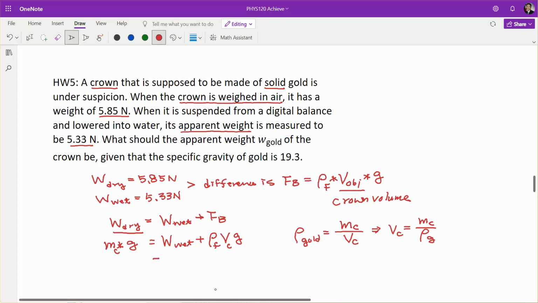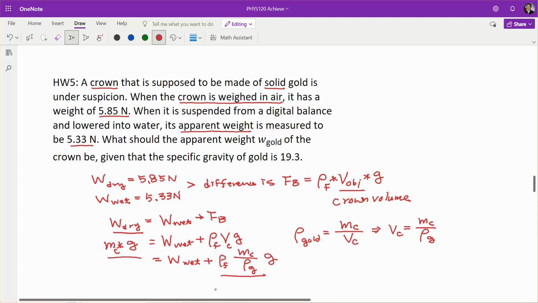Okay, so now I'm going to rewrite this. This will be the wet weight plus my rho of the fluid times the mass of the crown over rho of the gold, times G. I am going to move these things over to the left so I can combine these two together because they have some common terms.